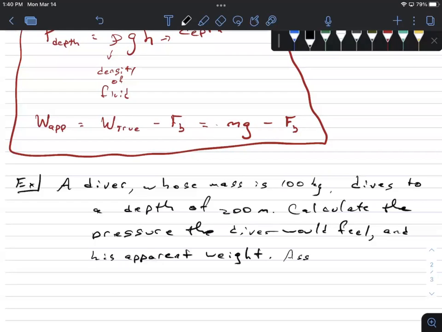Assume the buoyant force is, let's say, 300 newtons. Okay.